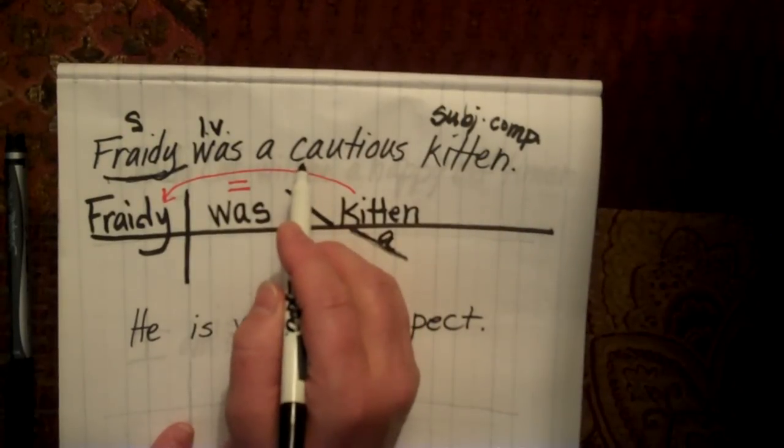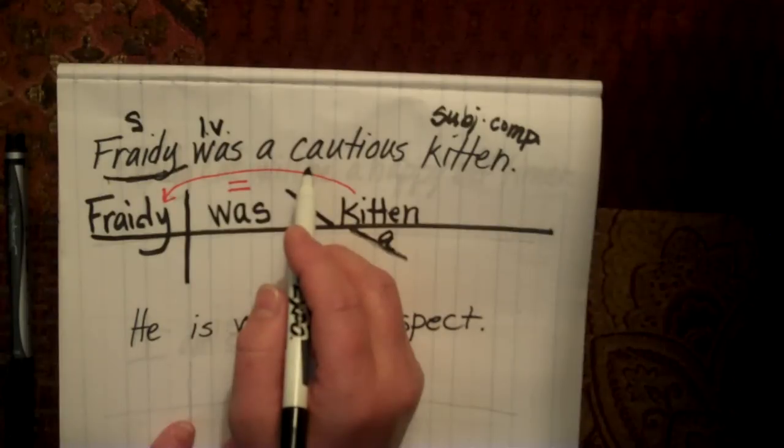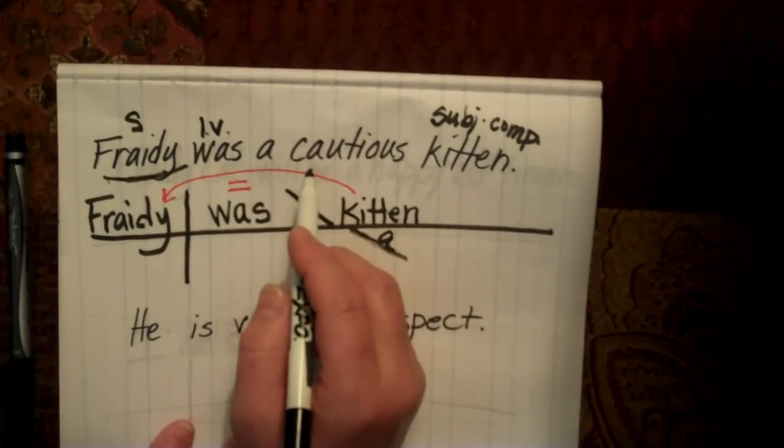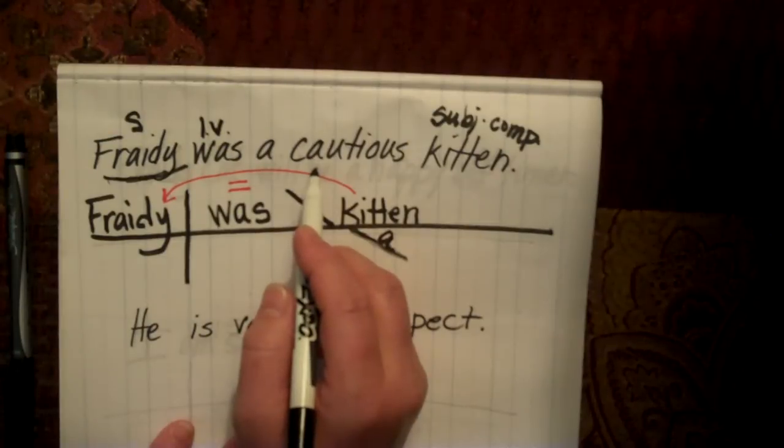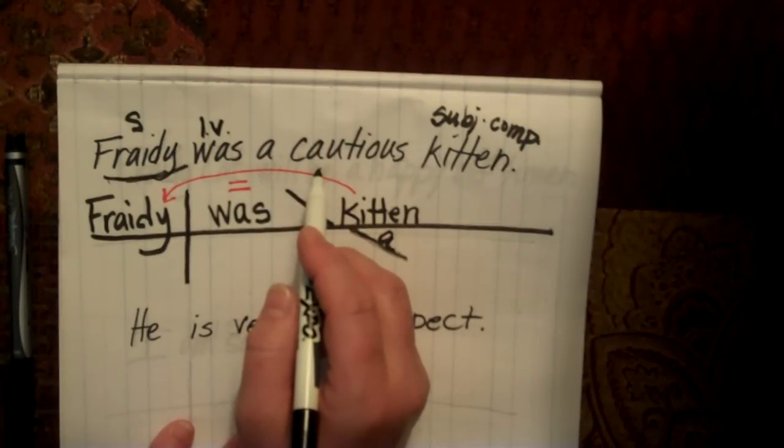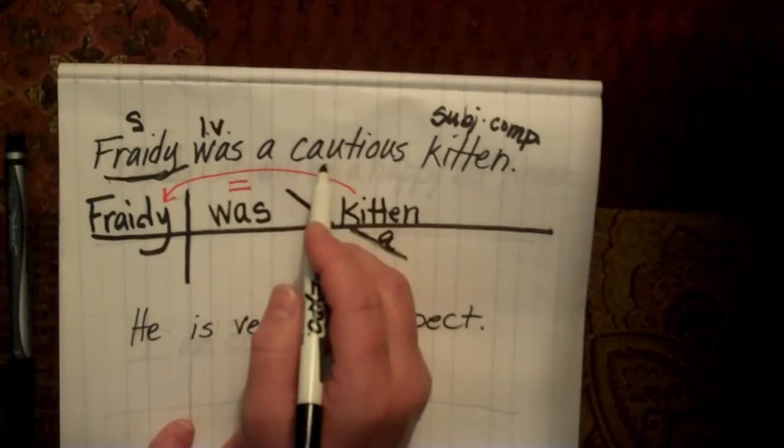What about cautious? What questions does cautious answer? Does it say how, where, when, to what extent? How? No. When? No. Where? No. To what extent? No. It answers which one or what kind. It's a cautious kitten. It's what kind of kitten.